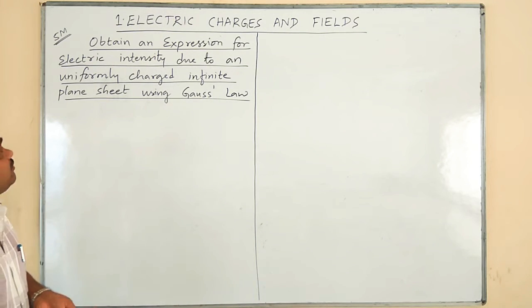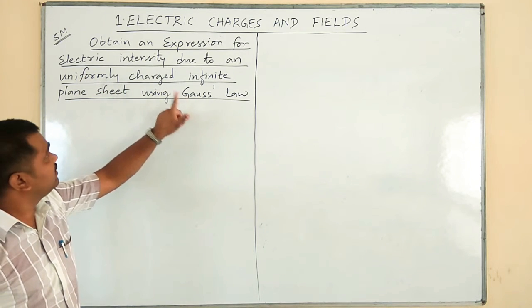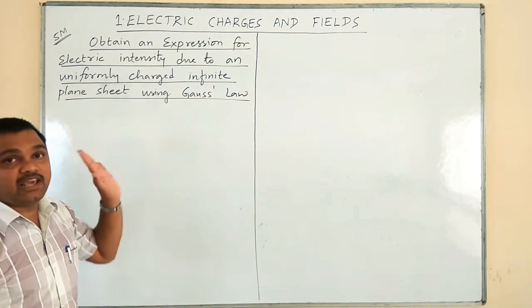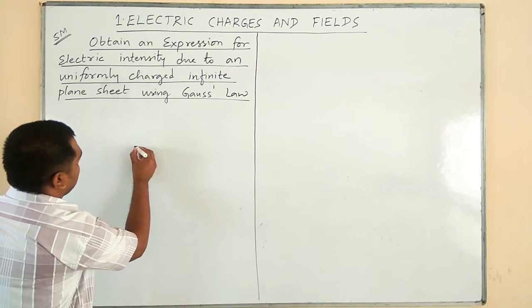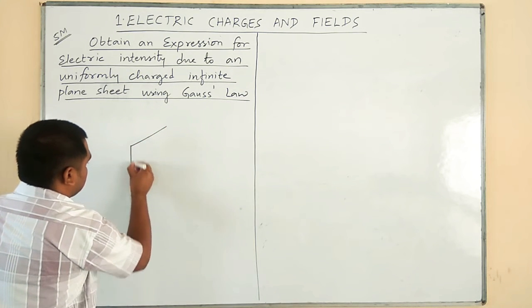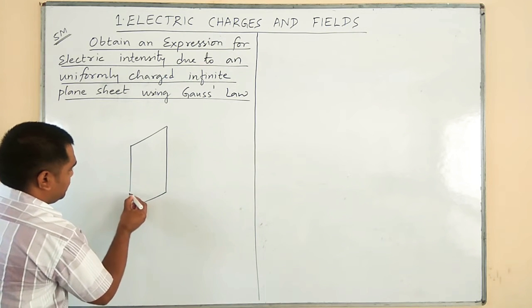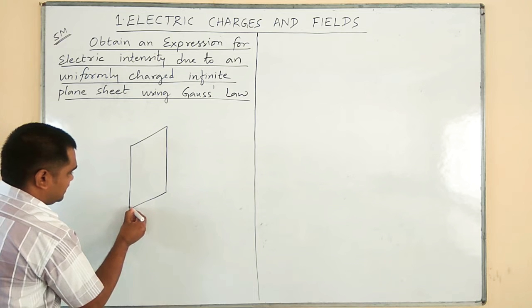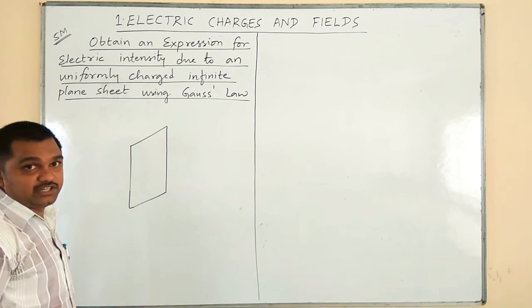As the question itself indicates, we have to consider a uniformly charged infinite plane sheet. It means, for example, let us consider a rectangular plane sheet like this, because it is impossible to take an infinite plane sheet anyhow.